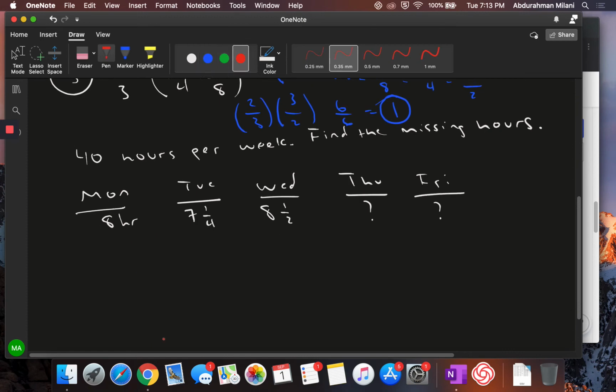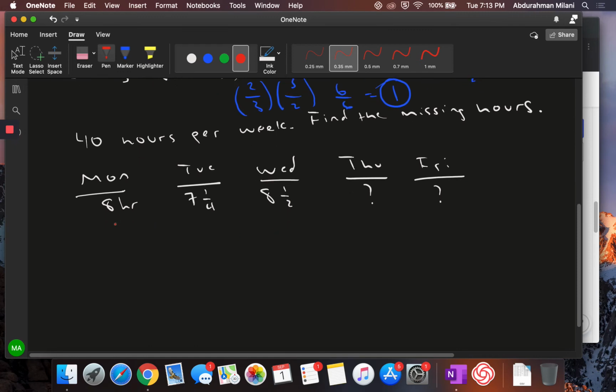So what I'm going to do is add the two fractions first, and then I'm going to bring that 8 in after. So let's write it as 7 plus 1/4 plus 8 plus 1/2. So we can add these two first. 1/4 plus 1/2. That gives us 8 on the bottom.